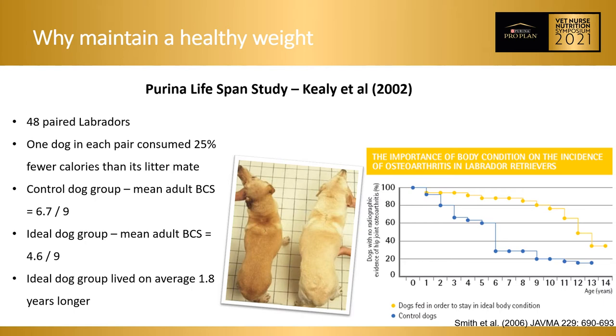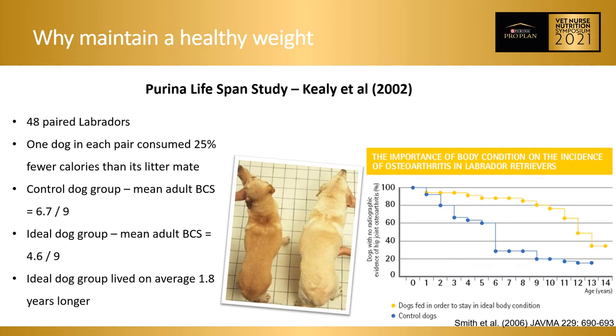So I've included this slide that just helps show the incidence of osteoarthritis. By the age of 5, 40% of the control dogs, so again, the slightly overweight dogs, had arthritis, while of the ideal dogs, only about 10% had arthritis. So the presence and severity of arthritis was greatly reduced in those ideal body condition score dogs.